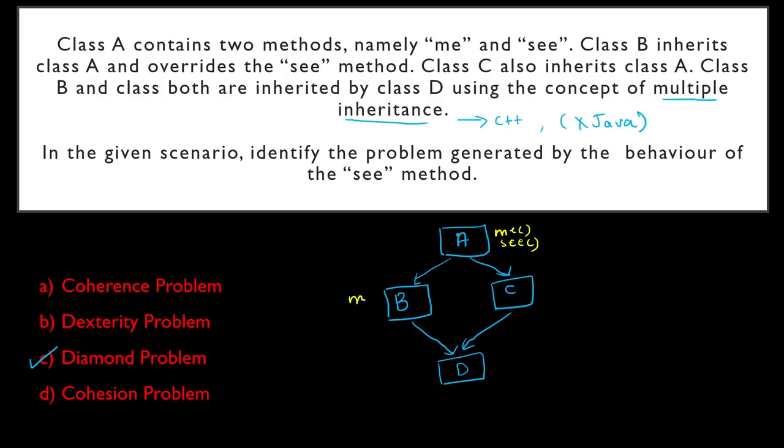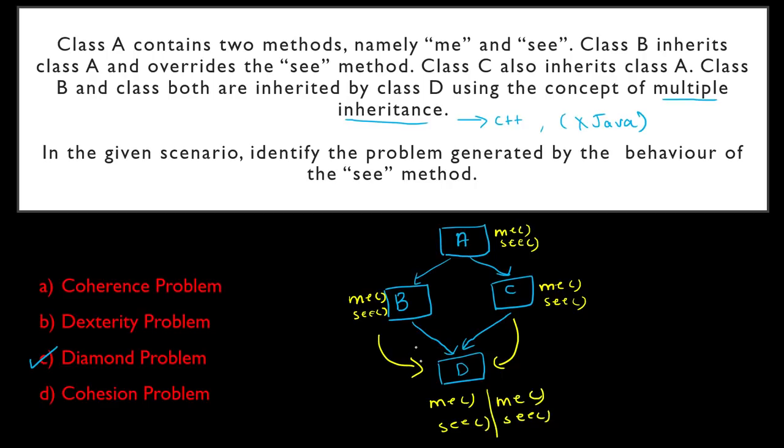Class B will also have the me method and C method, although this class B has its own overridden method, no problem. Class C will also again get the me method and the C method. Now, since class D inherits from both class B and class C, it will have two copies of this me function and C function, one from B and one from C.